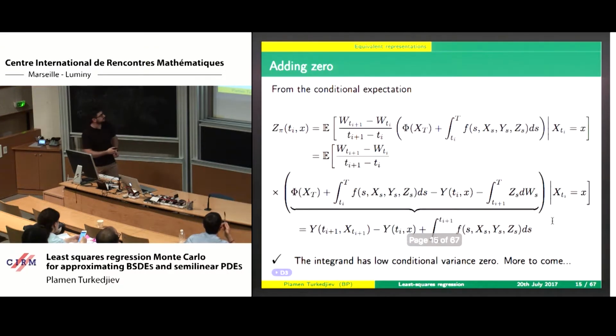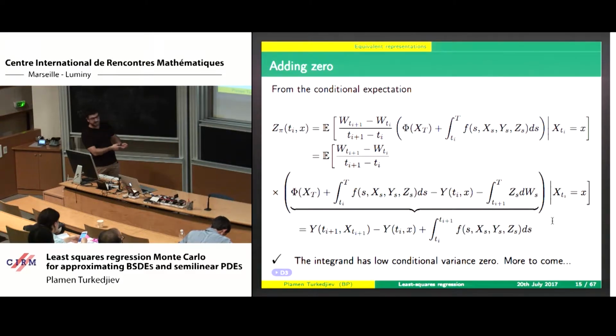Okay. And actually, we can do the same thing for the z. We now add the z inside the term multiplied by the Brownian increment. We add the integral in z from time t_{i+1}. We can also subtract off y at time t_i. Why? Because this product has conditional expectation 0.